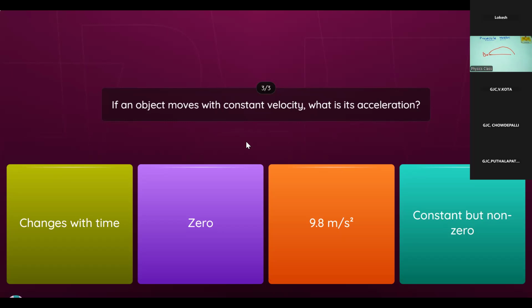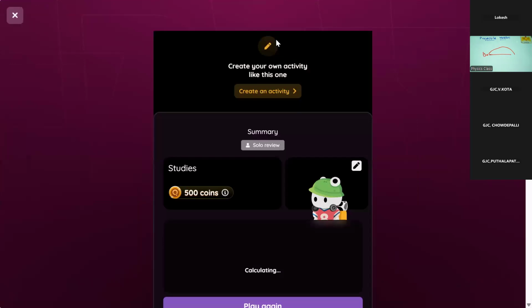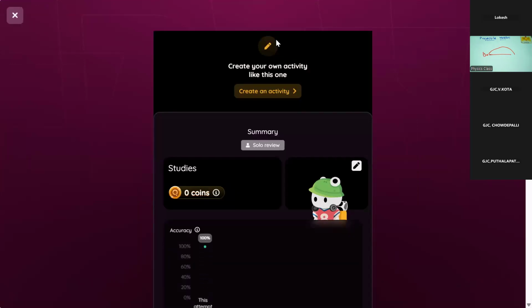If the object's velocity does not change, there is no acceleration. So if the object moves with constant velocity, then acceleration is zero, the second option. Very good.